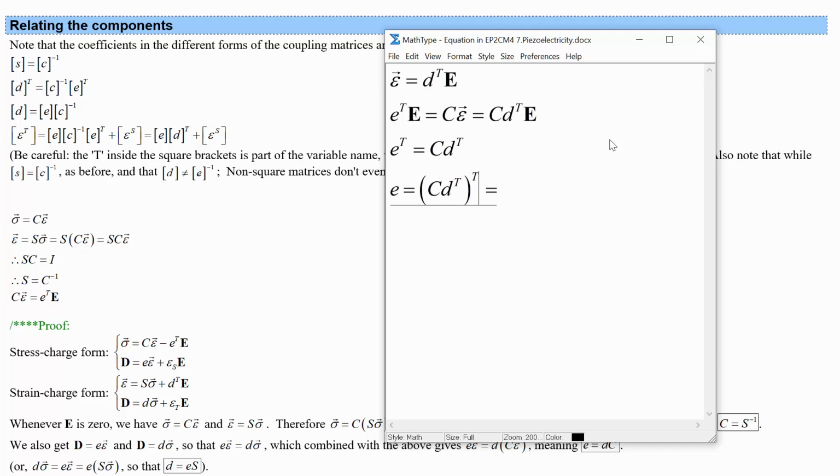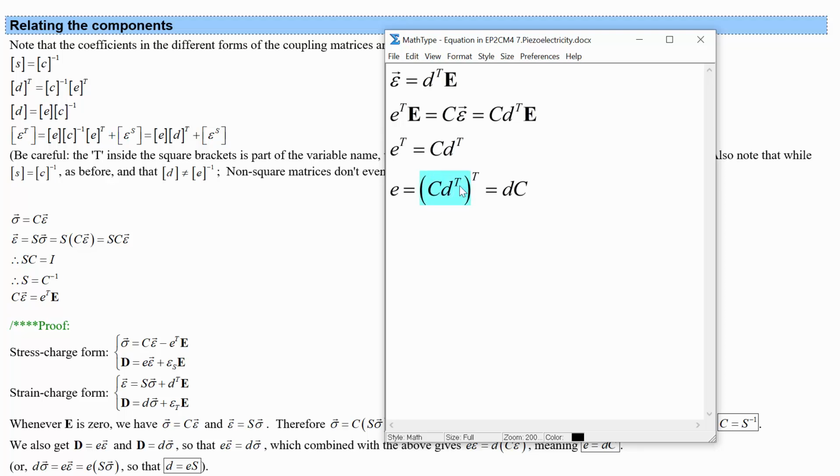And you might remember that when you transpose a product of matrices, you have to reverse them on the inside. Otherwise, the matrix product won't even make sense anymore, right? Like you can see that that works for this one. We have to turn this into D transpose transpose, which is just D, times C transpose, but C is symmetric, so that's just C. For this matrix product to even work, C is a 6 by 6, D is a 3 by 6 rather.